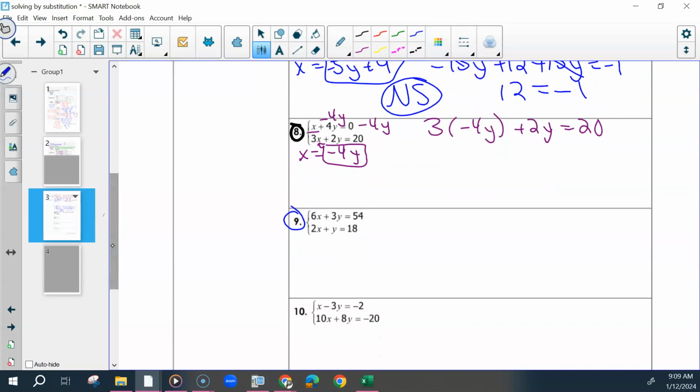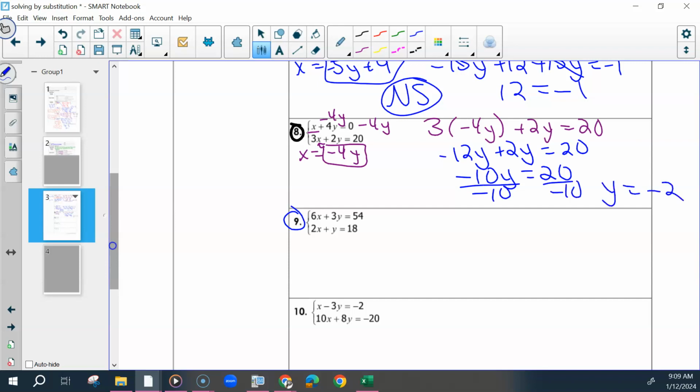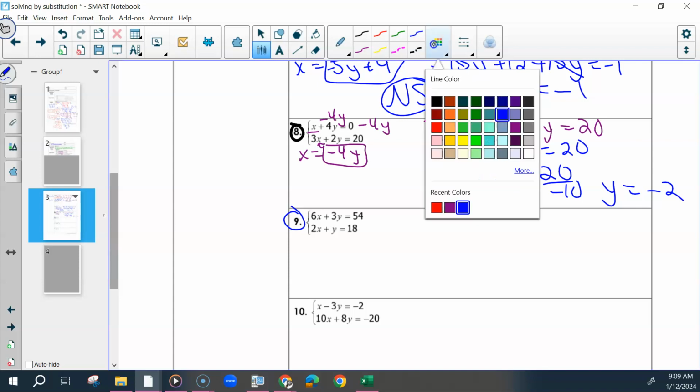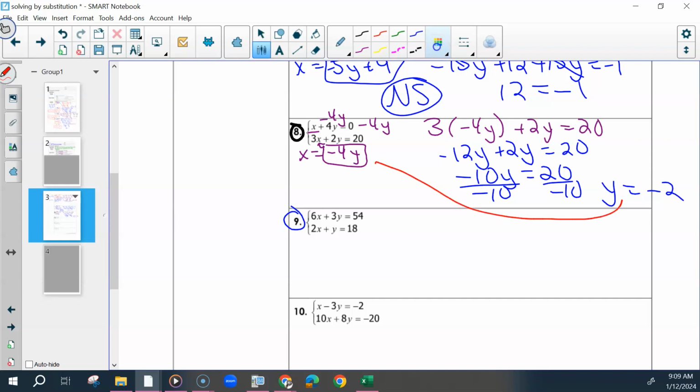You can not distribute, but multiply, and then combine the terms. So we have negative 10y equals 20. Divide both sides by negative 10 so that y equals negative 2. Then take that number and put it back into your x equation, so that your solution would be 8, negative 2.